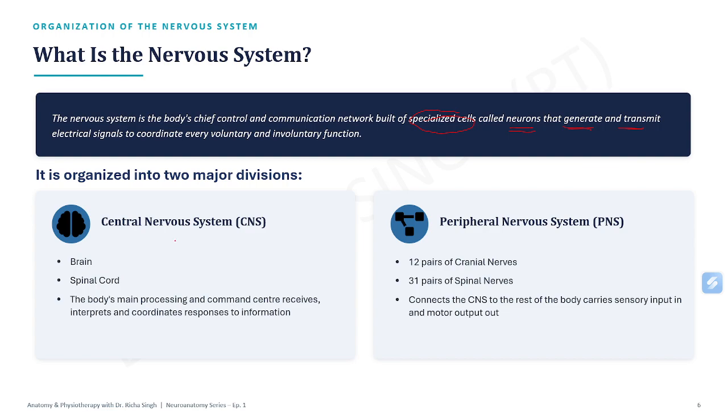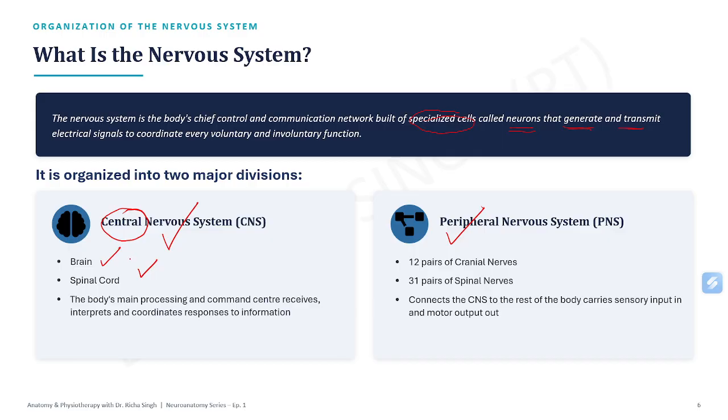Your nervous system is divided into two, the central nervous system and the peripheral nervous system. Central stands for something that is the master of the nervous system. That is, the brain and the spinal cord are the two master centers in the nervous system. Hence, these centers or these masters regulate the entire body.